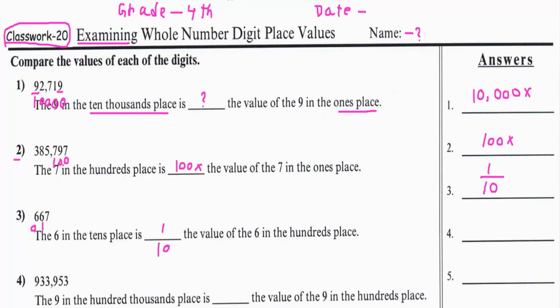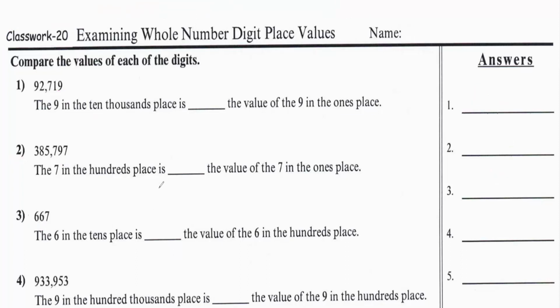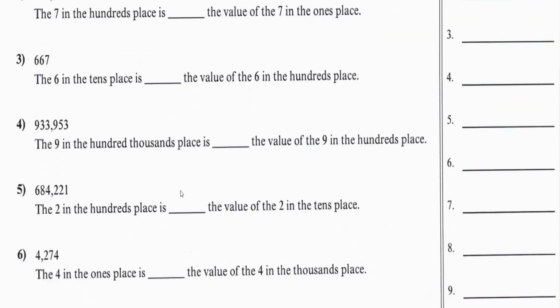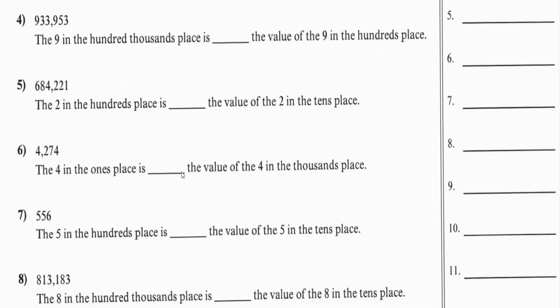Number 4 is the same. The 9 in the 100,000 place. This is the 100,000 place, this 9. Put 1 here. Then the value of the 9 in the hundreds place. This is the hundreds place.